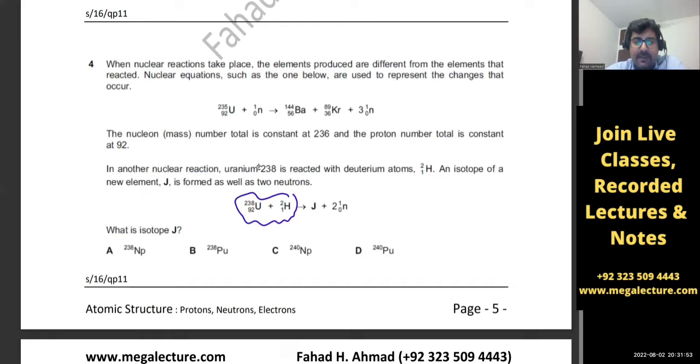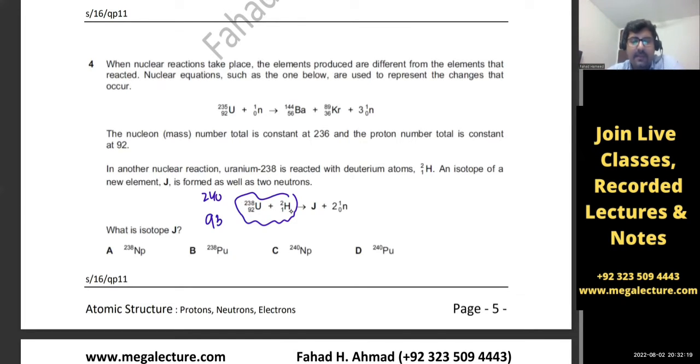So what I'm assuming is कि वो total की बात कर रहा है. What is the total over here? That's 238 plus 2. So the nucleon number is 240. 238 plus 2, that's 240, right? And the proton number total is constant as well. So that's 92 plus 1, that's 93.